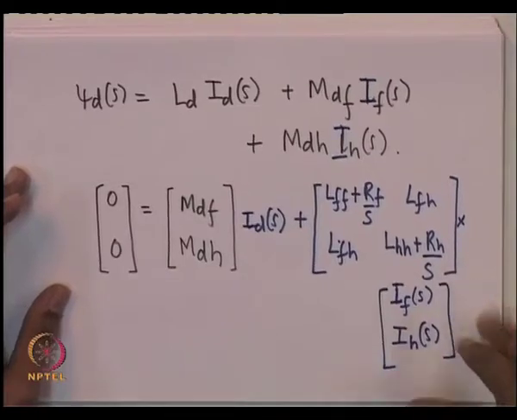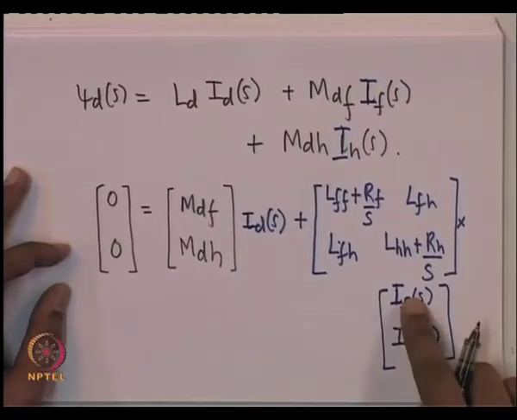Now, what you can do is express I f and I h of s in terms of I d of s, and then effectively eliminate them from the first equation. So, you can get psi d of s wholly in terms of I d of s. Okay.